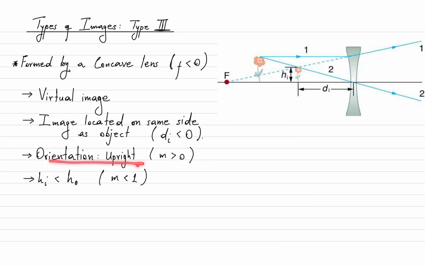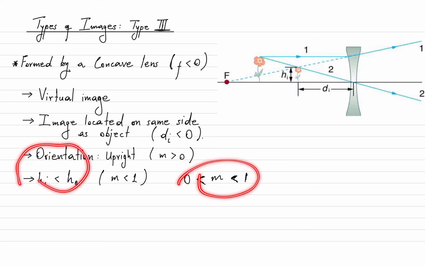Notice again, the orientation is upright, hence our magnification is positive. But because the size of the image is smaller than the size of the object, we conclude that the magnification, although positive, hence larger than 0, is nonetheless less than 1. So another way of stating this is that the magnification is less than 1 but larger than 0. This idea here combines these two facts about magnification.